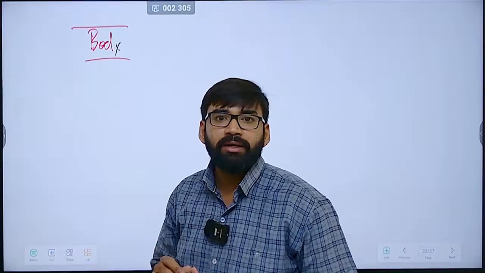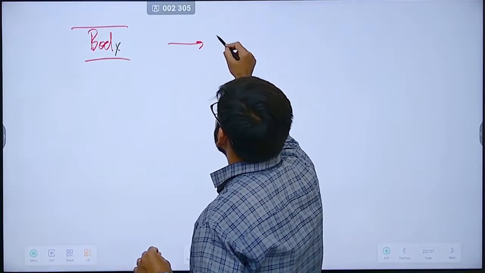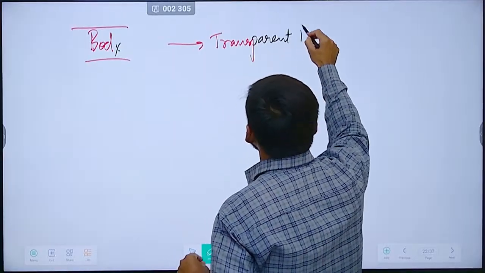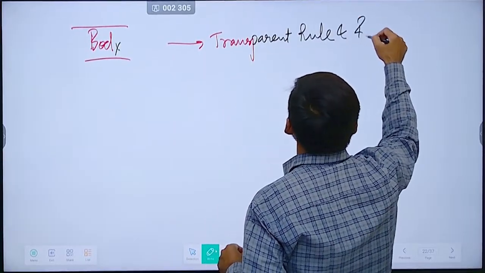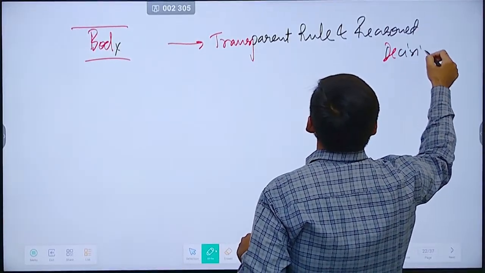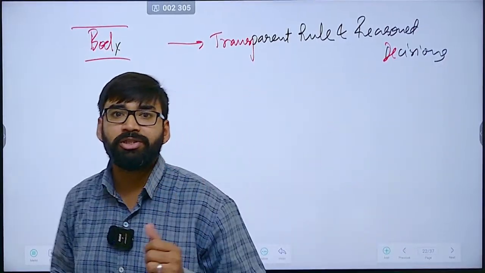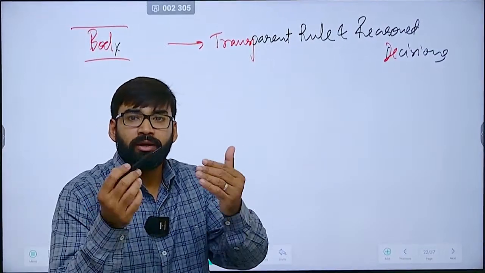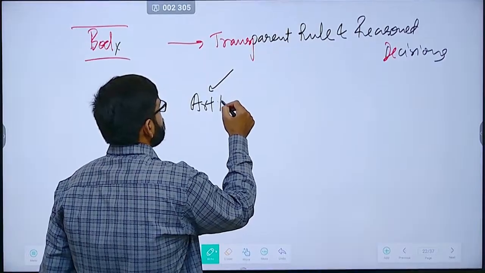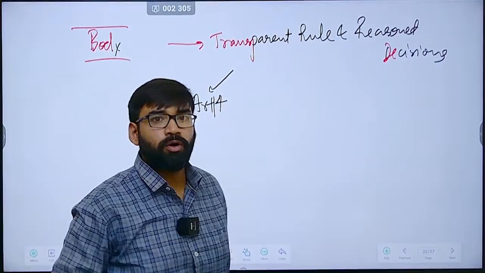Clear? Like you can mention the transparent rule and reasoned decisions. First point you can mention this. Clear? Then you can also reflect Article 14. Article 14.